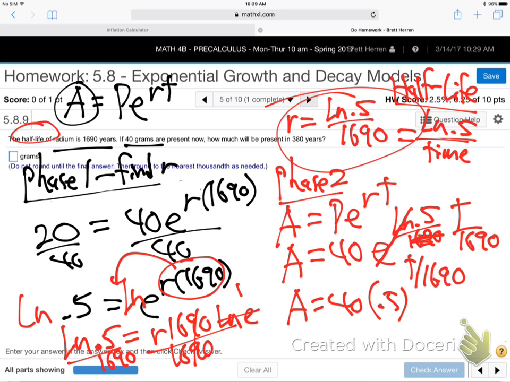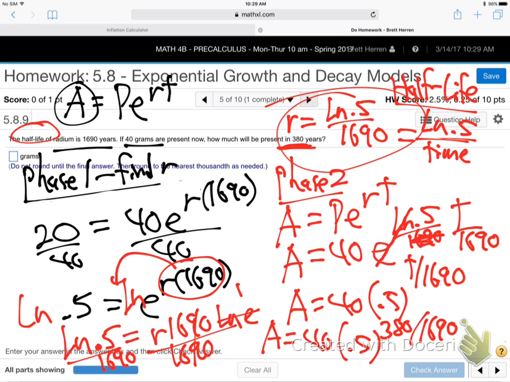All right. So now, what? Oh, 380 years. Now plug in the 380. So 380 over 1690. Hit the buttons and you get something. Somebody got it? Not much of that stuff should be left. 34? What do they want?